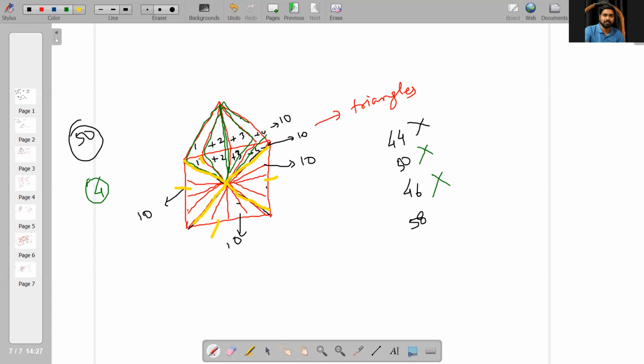Remember? Now this is a big square, a big box as well, right? But we have already counted these triangles. These triangles have already been counted, right?